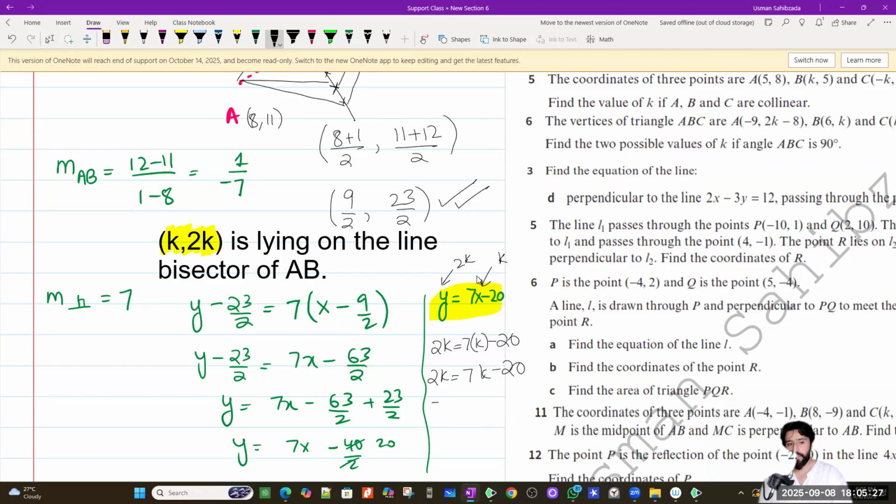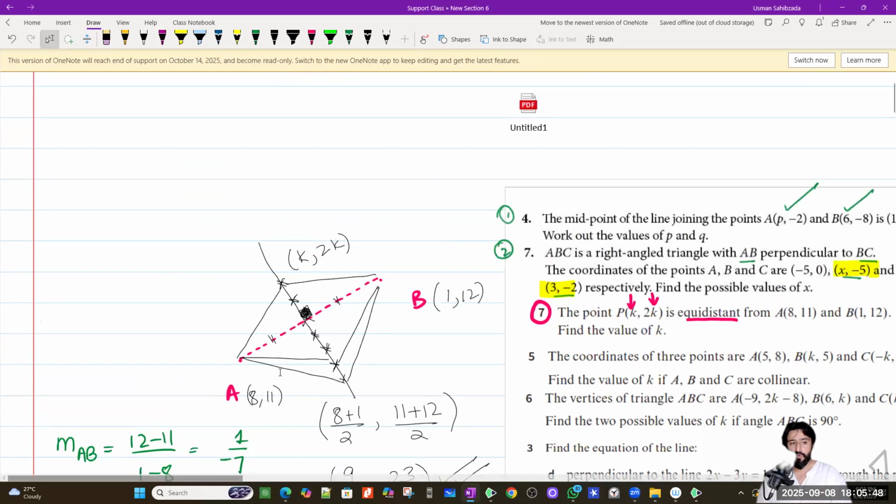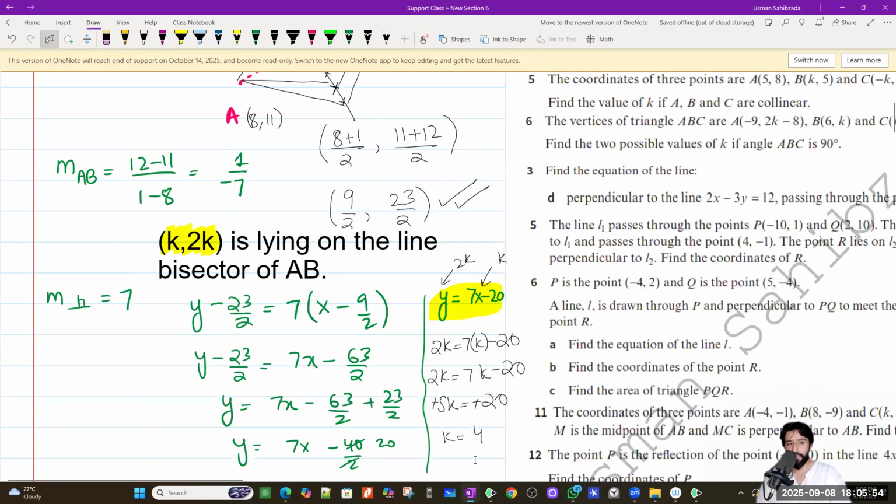I'll repeat, when a point is on the line, you can plug it into the equation. Does that make sense? So k की value came out as 4 in this particular case scenario. This is through the line bisector. So you found the line bisector, you plugged the point in and you got the value of k.